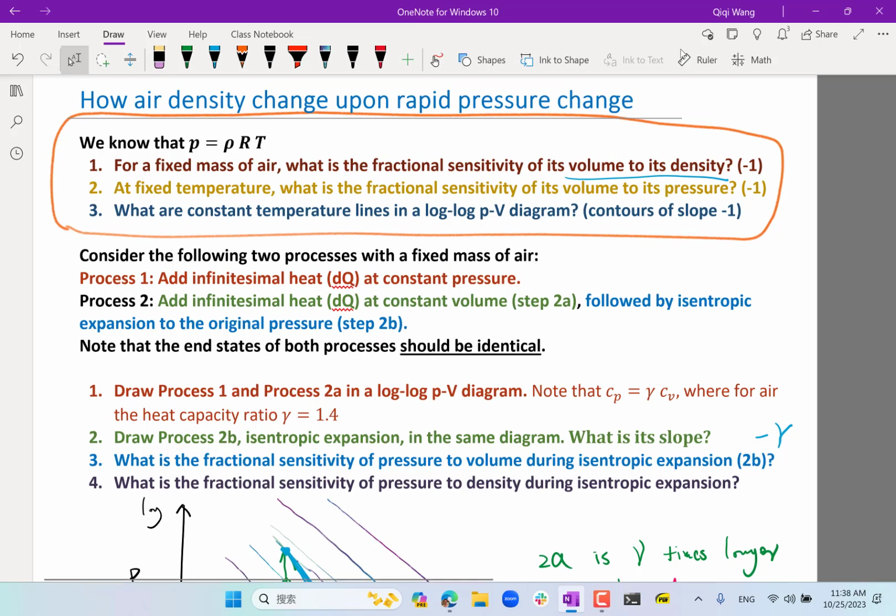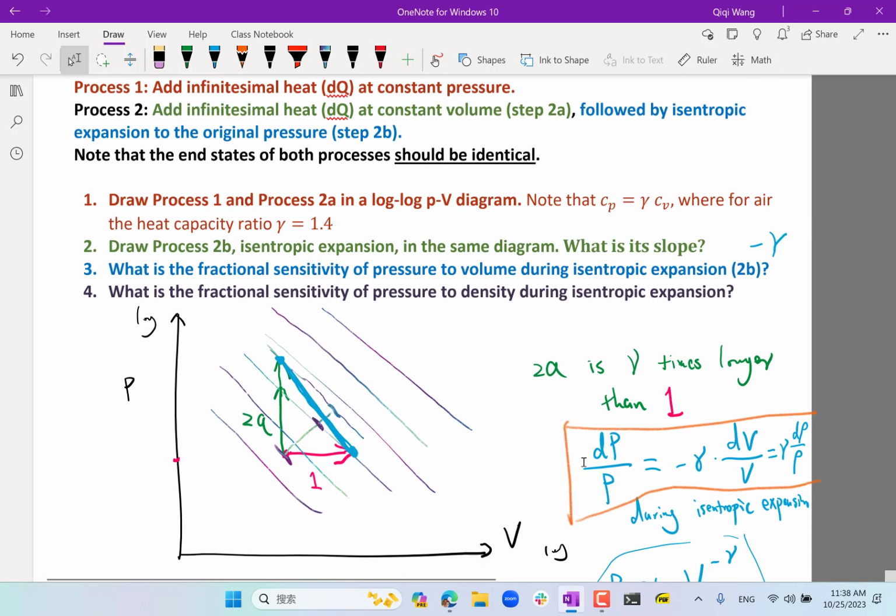So that's why during a rapid pressure change, like typical in aerodynamics, we can practically, to extremely high precision, consider a pressure increase or pressure decrease as an isentropic process, and use this equation throughout our compressible aerodynamics.